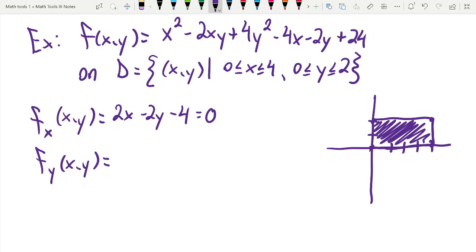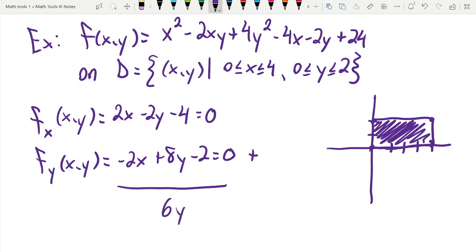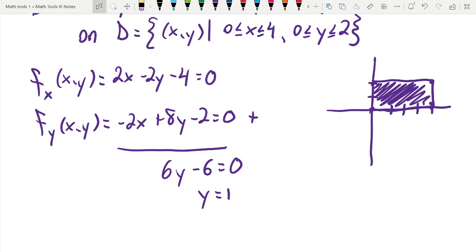For fy we have minus 2x plus 8y minus 2. You can use whatever strategy you want to solve these systems of equations. I'll add these together just because we can see those two x terms will cancel out pretty nicely, and we're going to get y equals 1. That's a pretty painless one there.